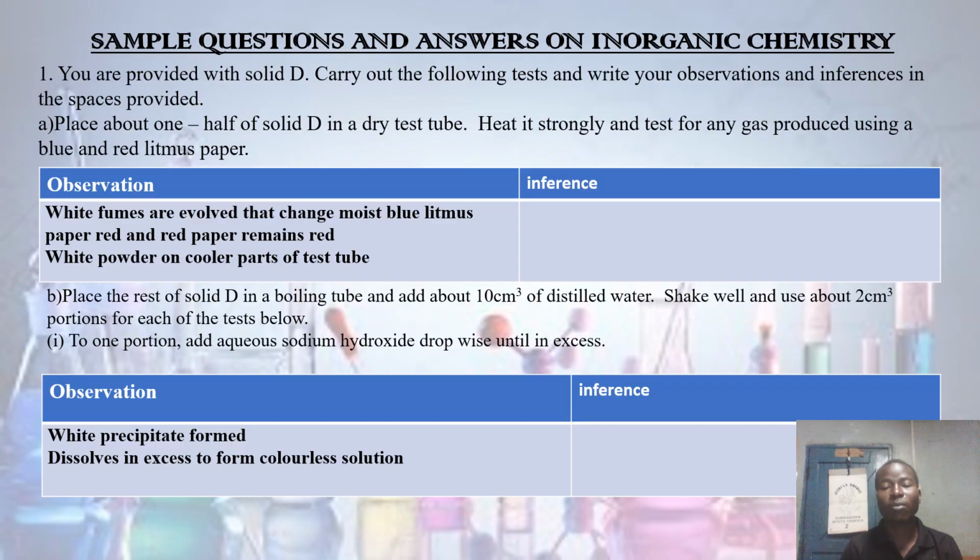Or in some questions you are going to find I have supplied you with the inference. If you see that inference, try to see which observation you are supposed to write. These sample questions are going to help you understand how to make your observations, or how you are expected to make your inferences when it comes to the examination.